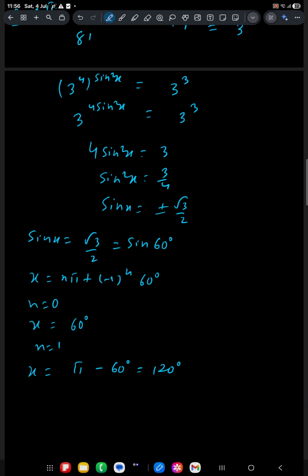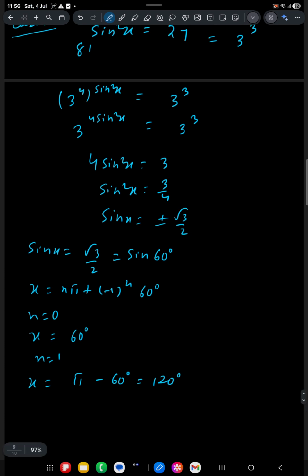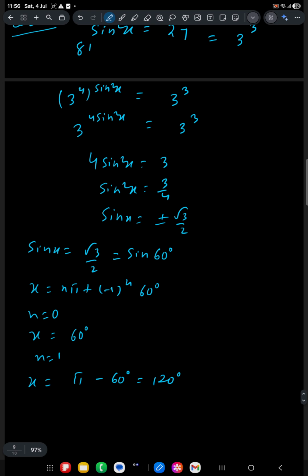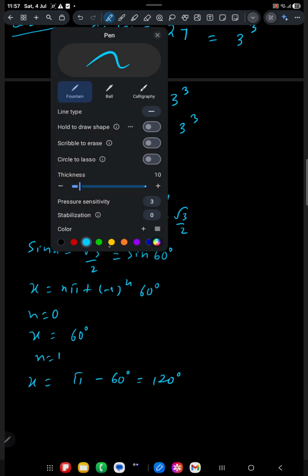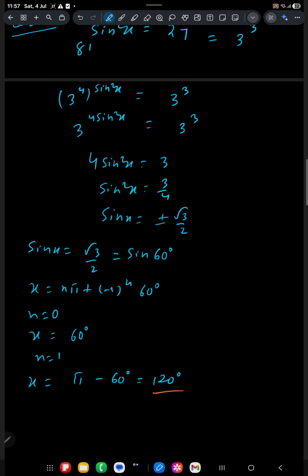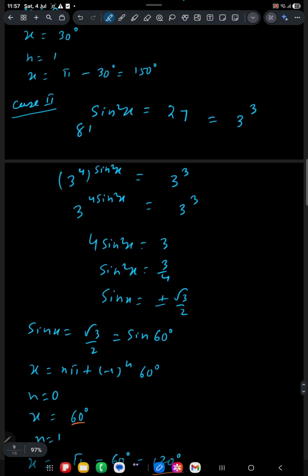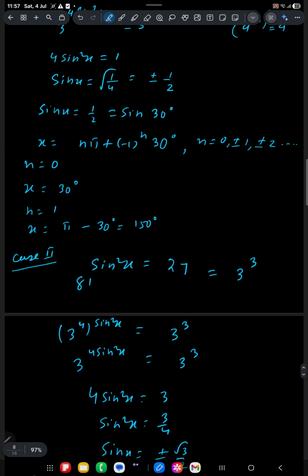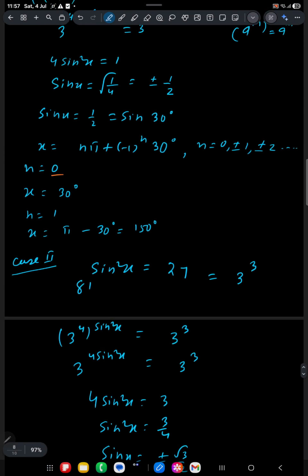So we are getting two values from this case, and two values from case 1, that is n equal to 0 giving 30 degree and 150 degree.